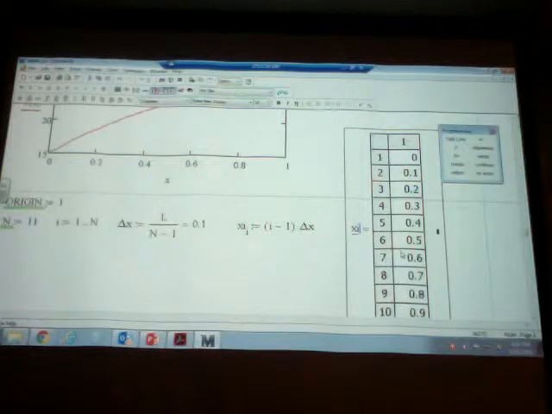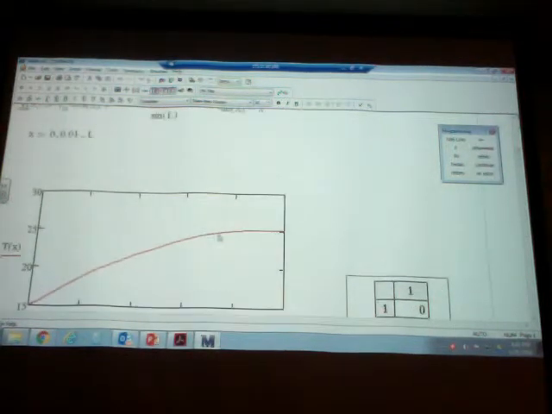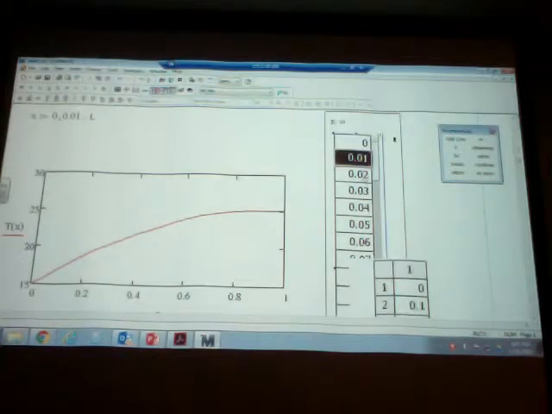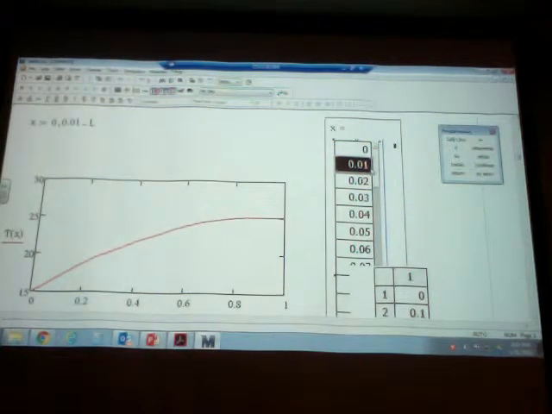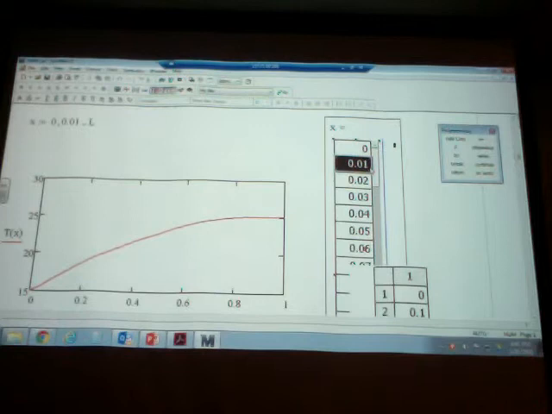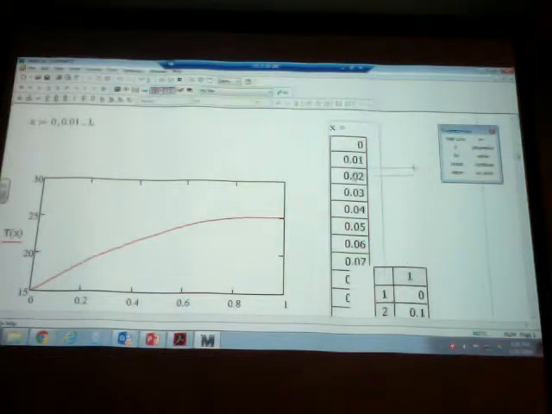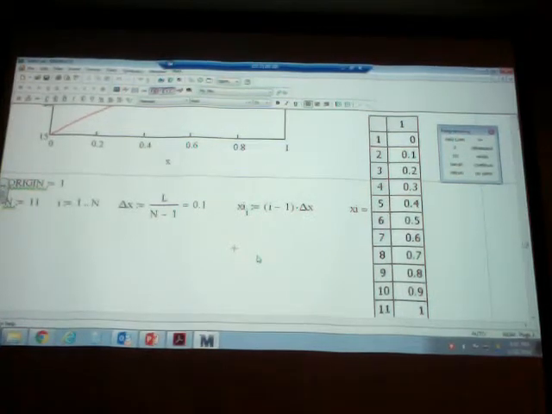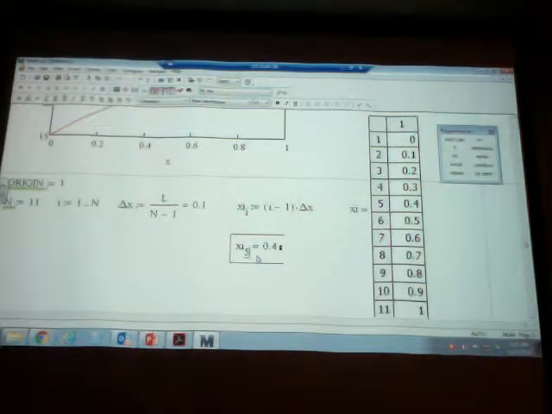It's not a range. If I display x, it's a range, but it's not formally an array, so you cannot access every element of x. It's just a range between 0 and 1 in steps of 0.01. This one is an actual array. So I can actually ask, what is element number 5 of this array? 0.4. Right?